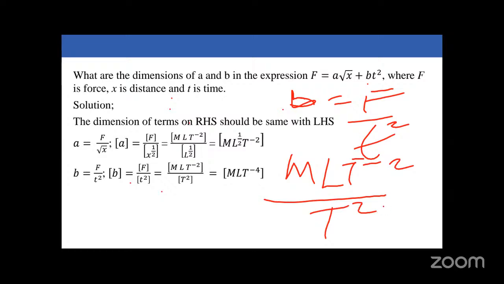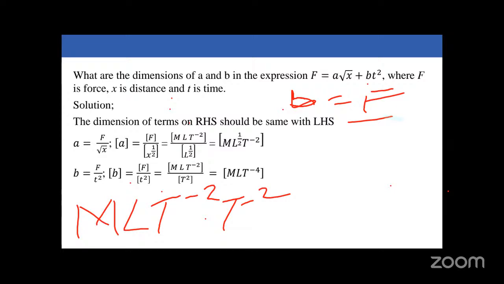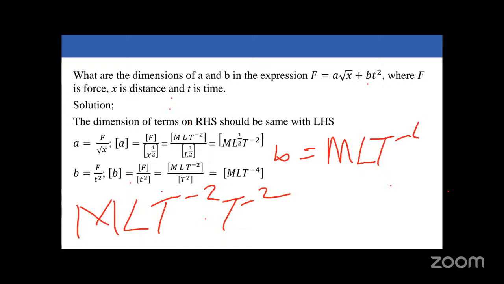So if T squared at the denominator is taken up, we have our expression to be MLT raised to minus 2 T raised to minus 2. So that will finally give us B as MLT raised to minus 4. So that is the correct answer.